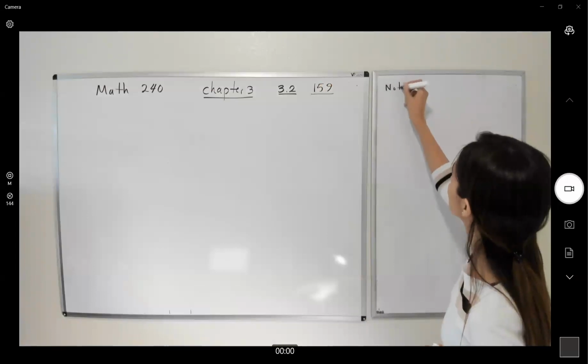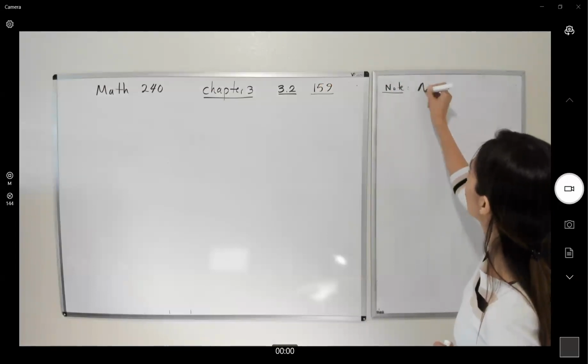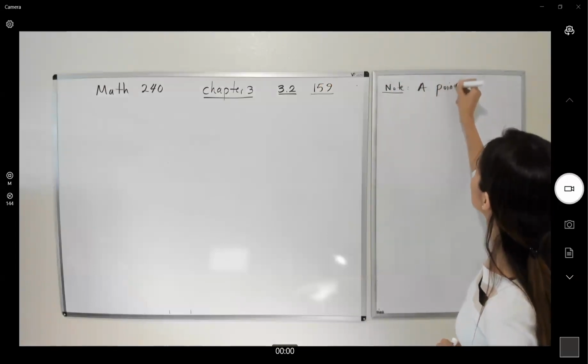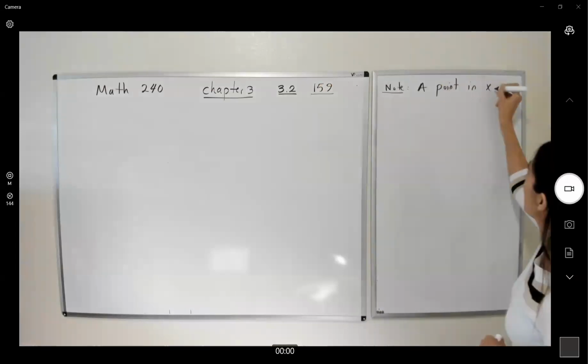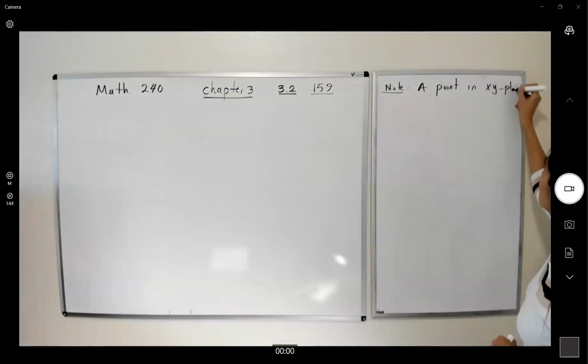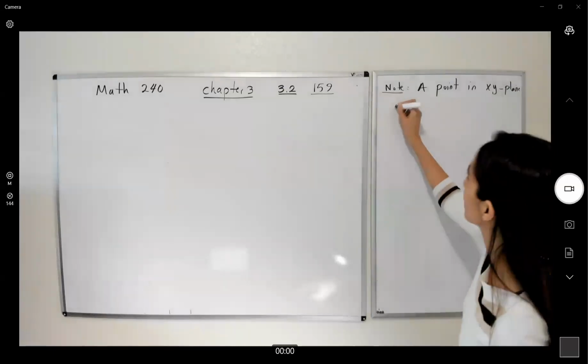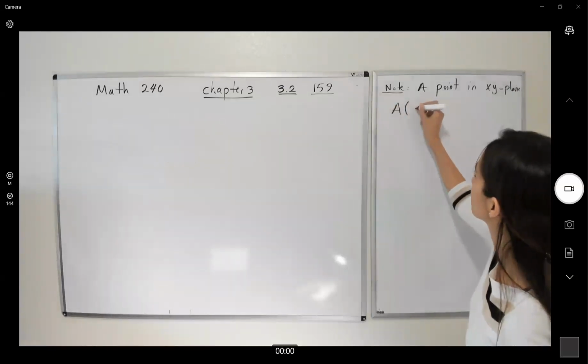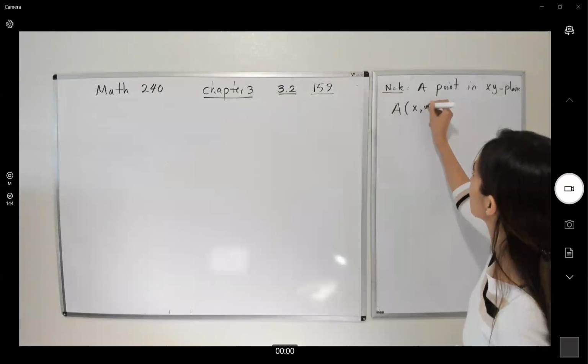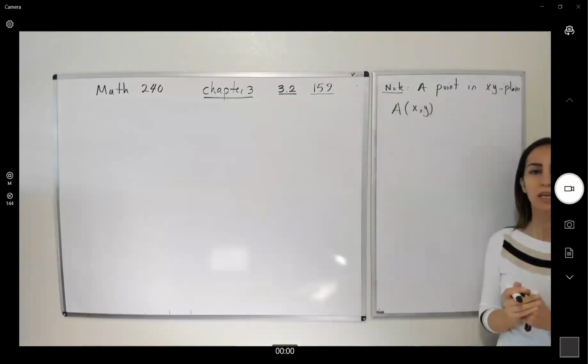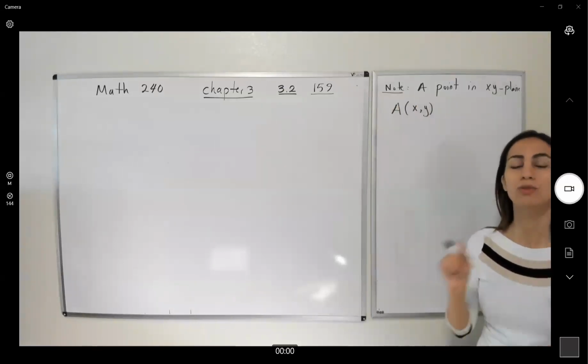Note, a point in the xy plane, like A, X and Y, includes two numbers.